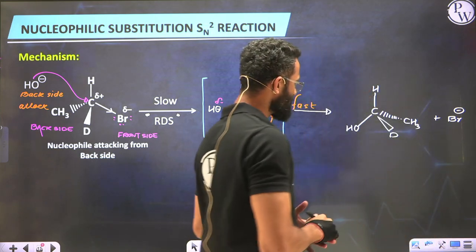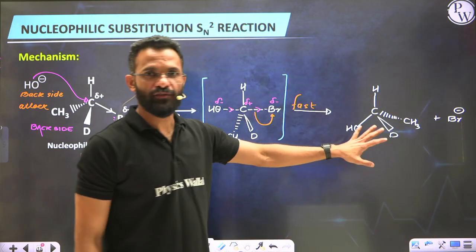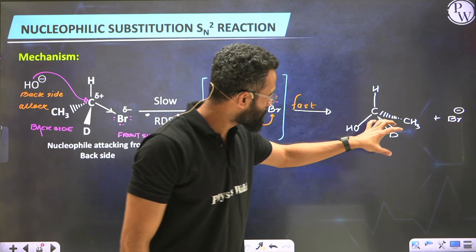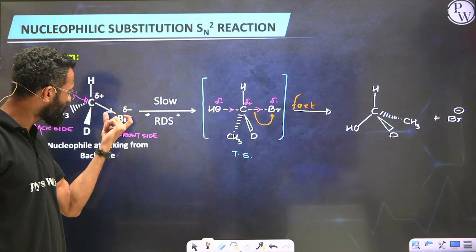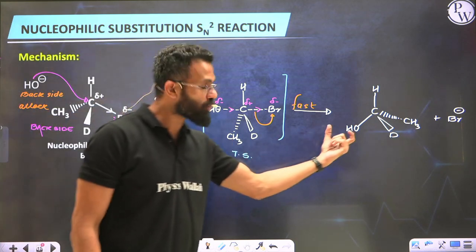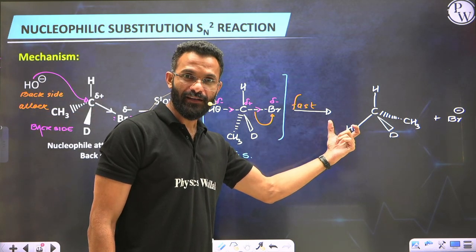Guys, if you observe the product which we have got over here, and if you compare the configuration of the starting compound, the only difference you will see is that instead of Br, now we have got OH, right?